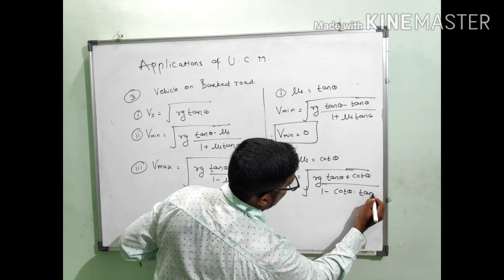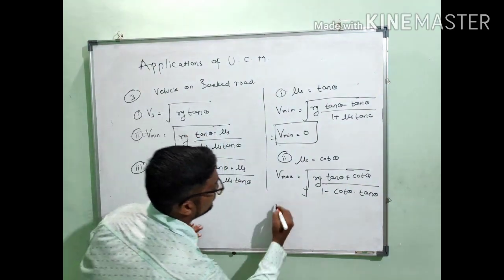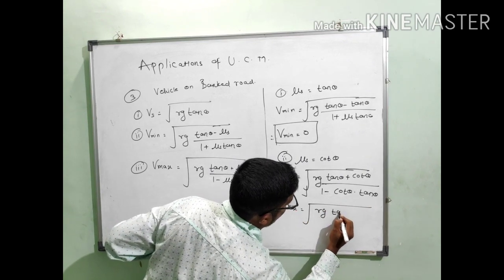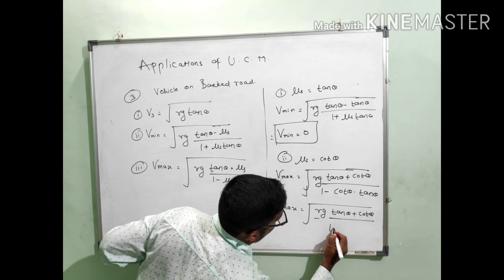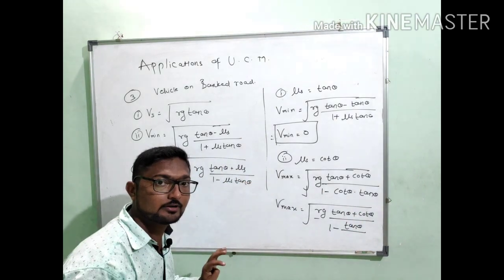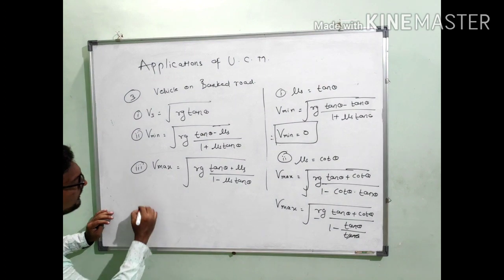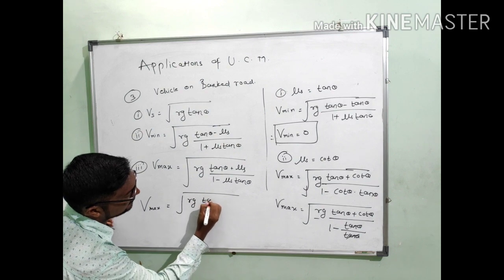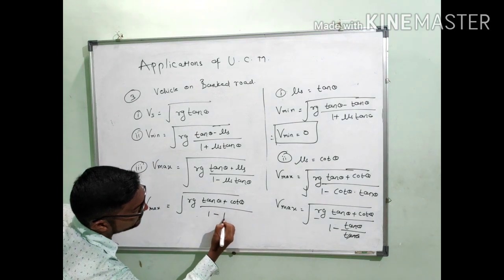Now cot theta is the reciprocal of tan theta, so the tan theta will get cancelled, and V max is equal to Rg tan theta plus cot theta upon 1 minus 1, which is 0.